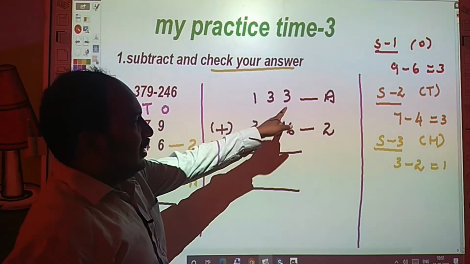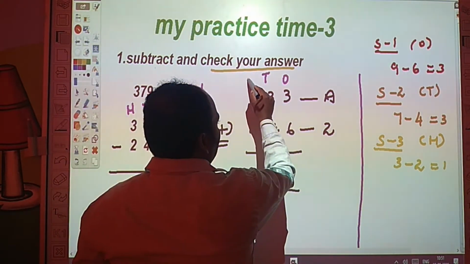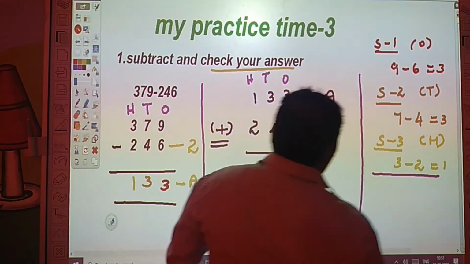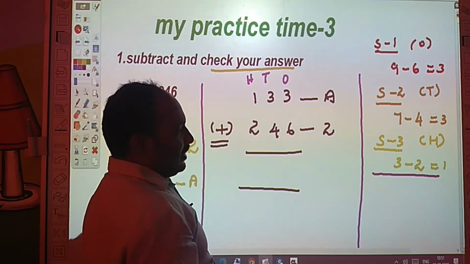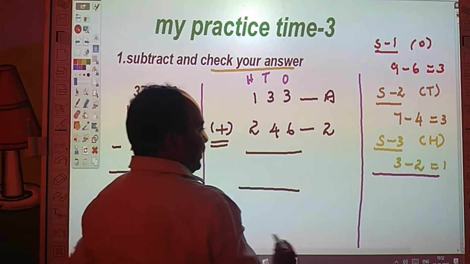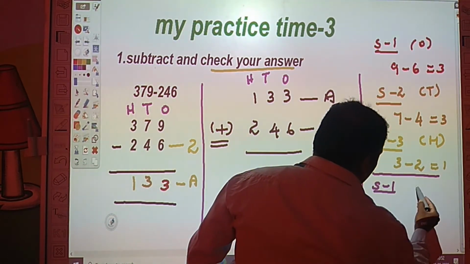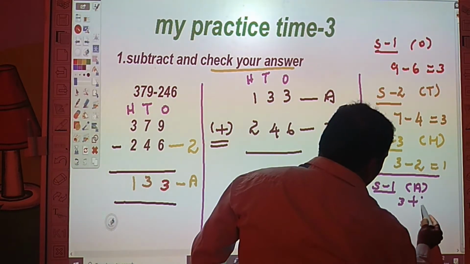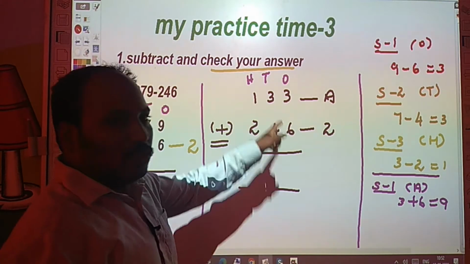First we add the ones place, then tens and hundreds. Our ones place value is 3 plus 6. Step 1, 3 plus 6 is equal to 9.